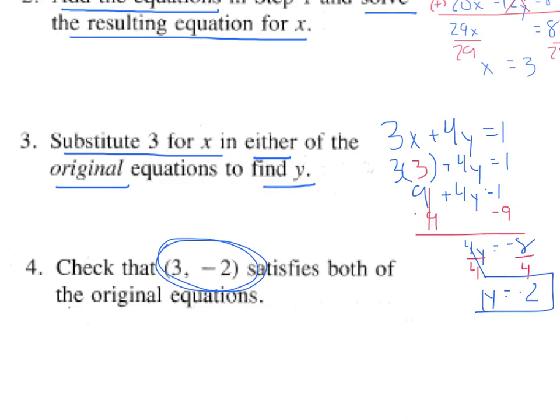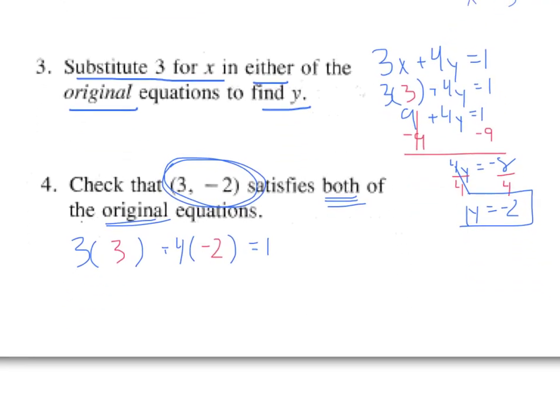So I'm going to check the original equations. Make sure it satisfies both of the original equations. To make sure it satisfies, we just plug the 3 and the negative 2 in for x and y respectively. So 3 times 3 is 9, plus 4 times negative 2 is negative 8, equals 1. That checks out.